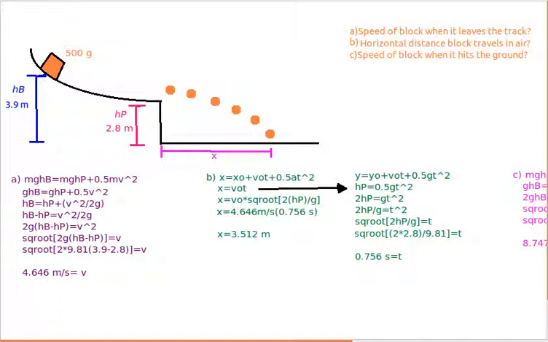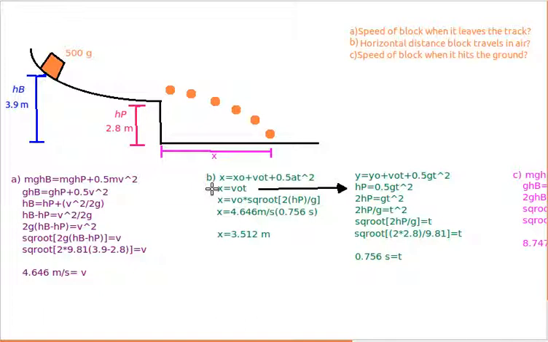Okay, next, part B, is the horizontal distance the block travels in the air. So we can use kinematic equations to solve this part of the question. The one we can use is x equals x initial, and the O represents initial, plus v initial times t plus half a t squared.